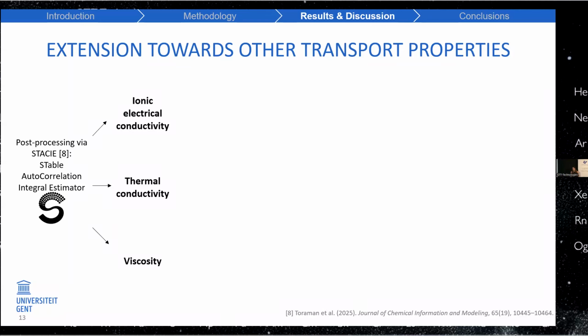What's important for the STACY post-processing module as well is that, by its whole mathematical treatment, it also gives a reliable error estimate on your simulated property, something that was pretty difficult to do within the MD community.